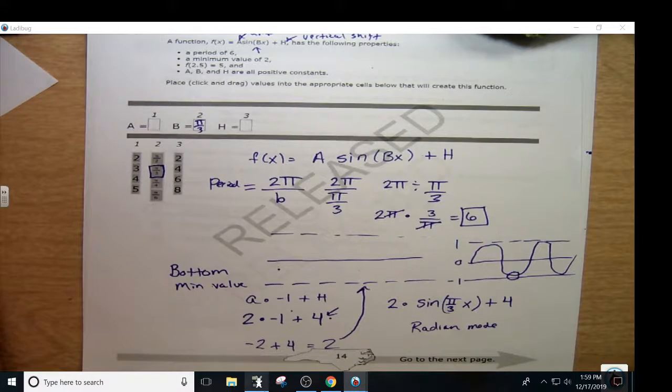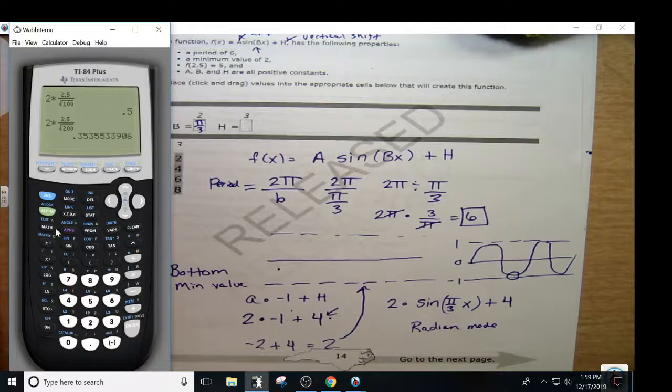All right, so now, go to your calculator, turn it on, make sure it's in radian mode. It's not, it's in degrees, so I need to go change it. Now, go to y equals, clear that out. All right, now let's put that in there. So 2 times sine.